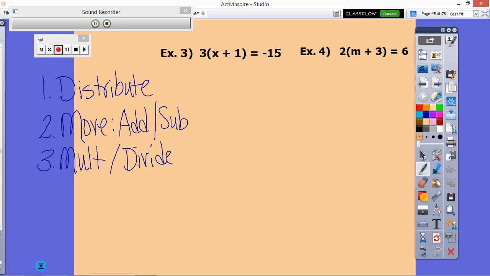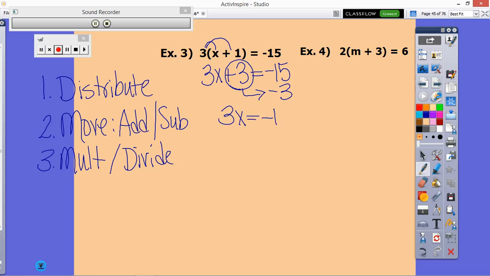So, as we look at this first example, we want to distribute the 3 because it's sitting beside the parentheses. So 3 times x is 3x, and 3 times 1 is 3. Now that I've taken care of the parentheses and they're gone, I need to go ahead and make a move. I need to move that 3 over and subtract it, leaving me with 3x is equal to negative 18, because negative 15 minus 3 is negative 18.